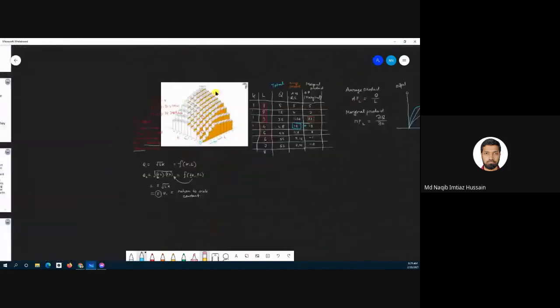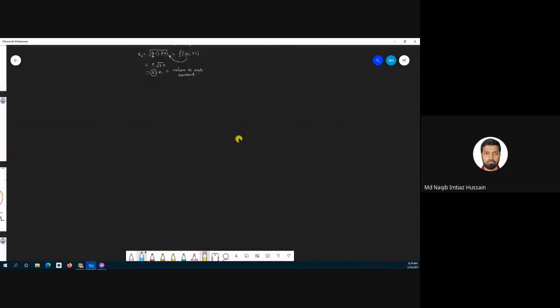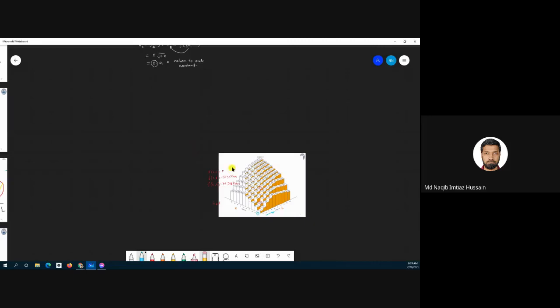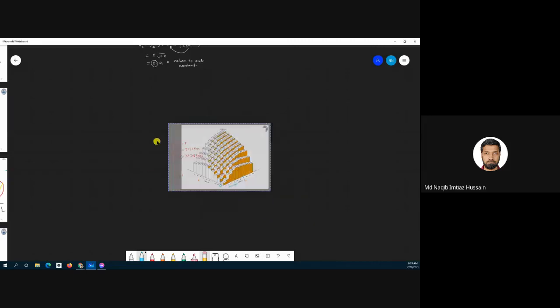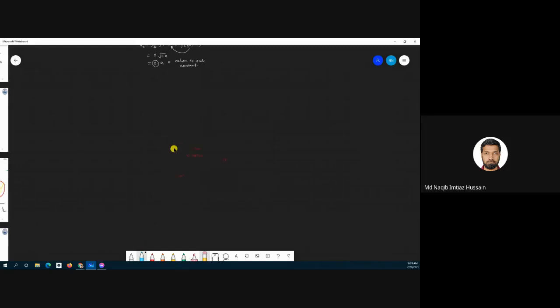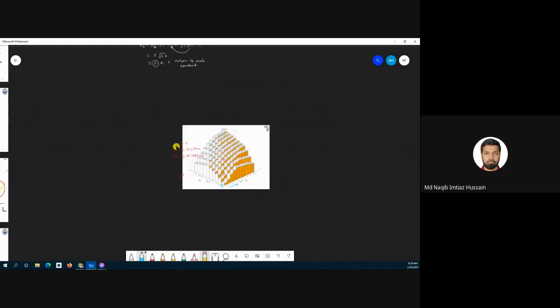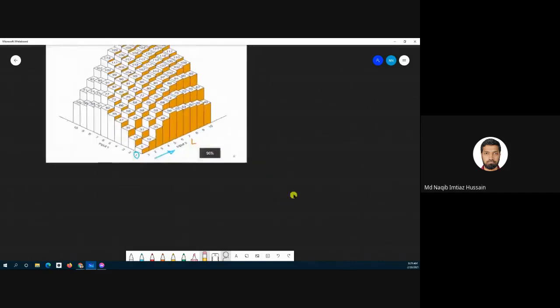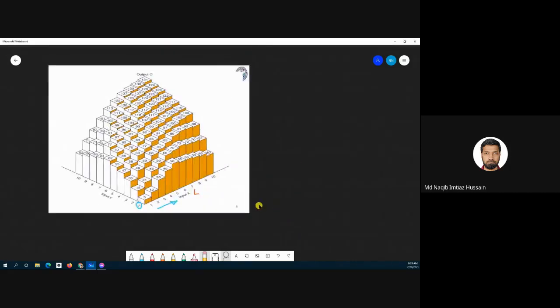Okay. Let's make a copy of this one. Now this was the L axis, this was the K axis.